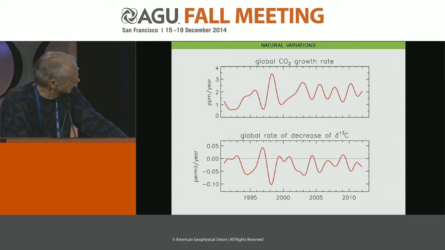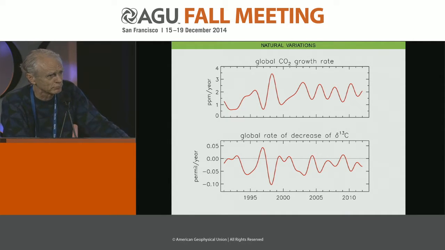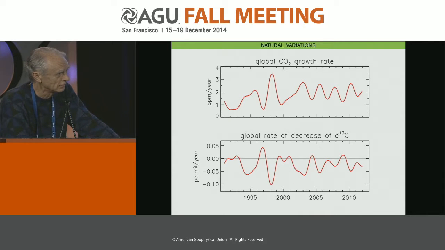Now we go beyond the seasonal cycle and we look at the wiggles of the black curve on the first plot. And you take the time derivative of that, then on the upper plot you have the growth rate of CO2, where the seasonal cycle has been removed. And in the bottom you have the rate of decrease of global C13, the C13 signature of that CO2.